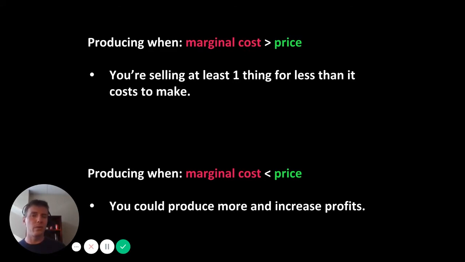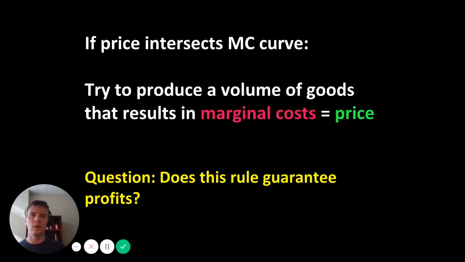If we're producing at some level where the marginal cost is less than the price, that means we could produce more and increase profits. So this is the general rule of thumb: produce at the level where marginal cost equals the price. This is our key to maximizing profits.